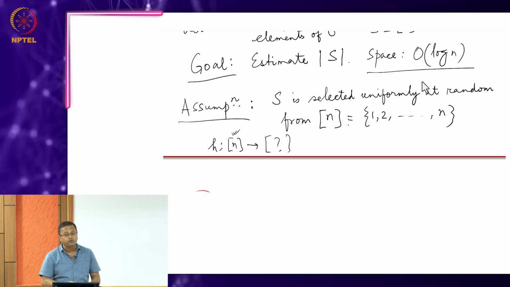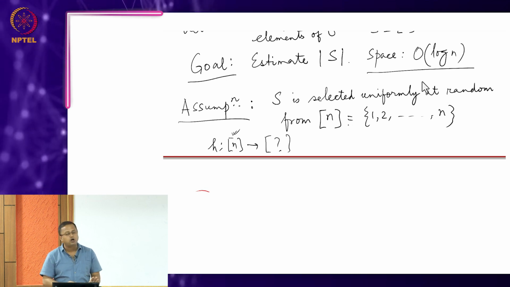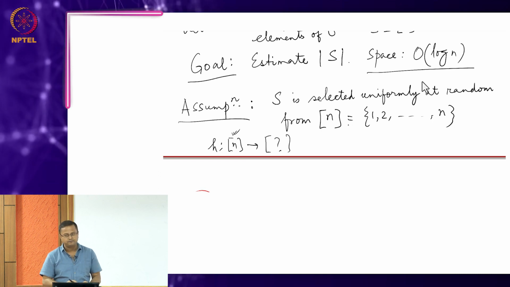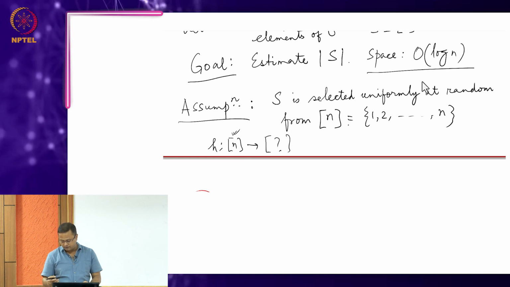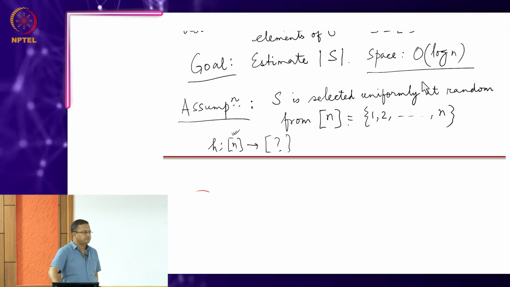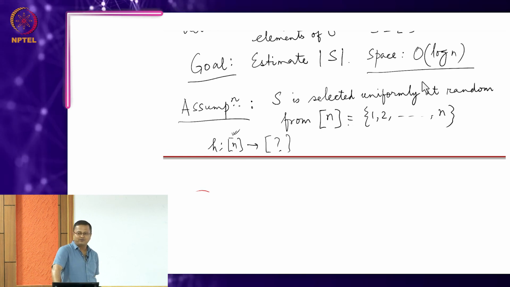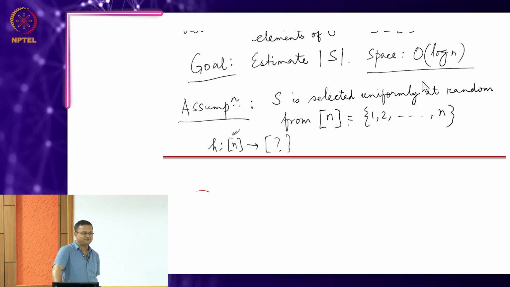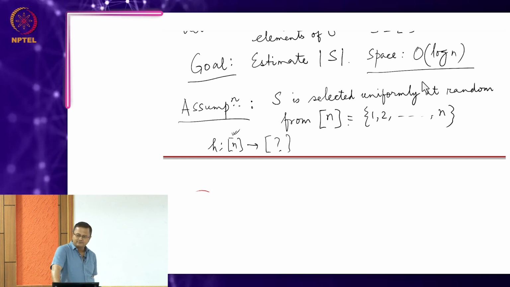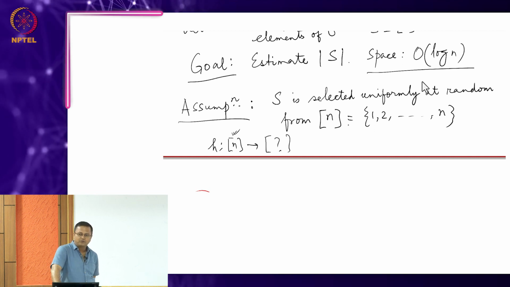I will later prove to you that my estimate of distinct elements is not very far from the exact number of distinct elements. That we will do in the afternoon. Any questions? It's kind of magical, no? You want to store it in order of log n state, which is a constraint.